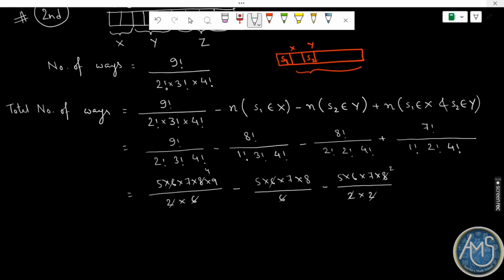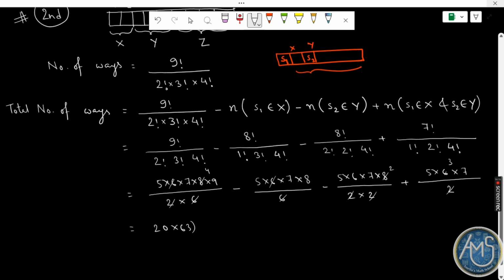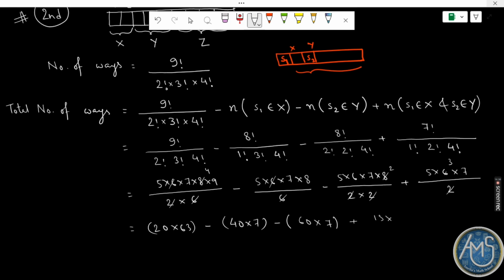Plus, up to 4 cancels, so 5, 6, 7 and 2 factorial is 2. So it is 5 into 7 into 4 into 9, so 20 into 63, minus 40 into 7, minus 60 into 7, plus 15 into 7.